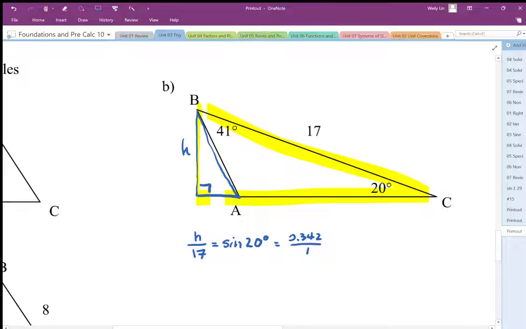Then solving this equation, h over 17 is equal to 0.342 over 1. We can cross multiply this, and we get the height equal to 5.81. So we end up with this height value of 5.81, and this then allows us to solve for the rest of this triangle.